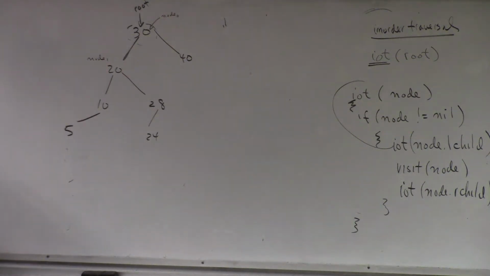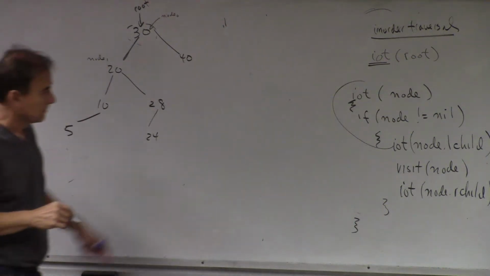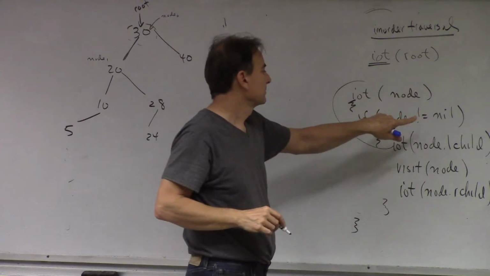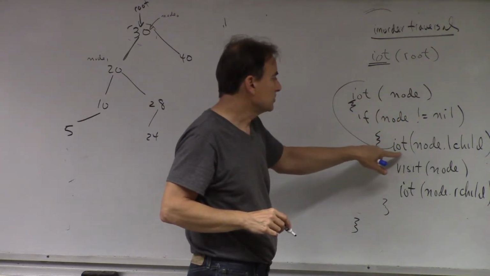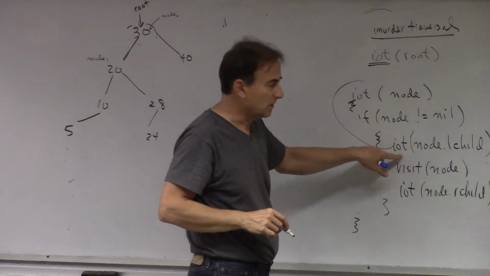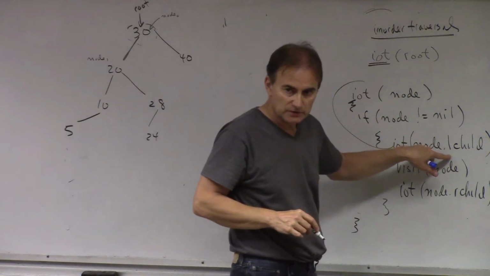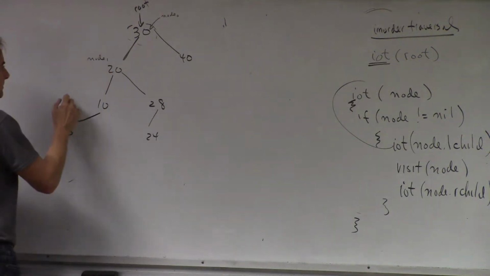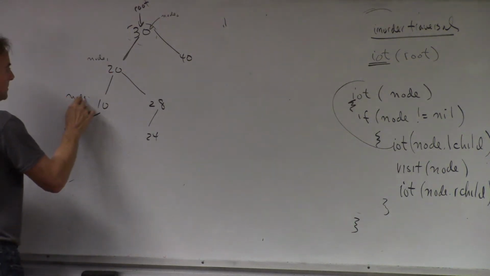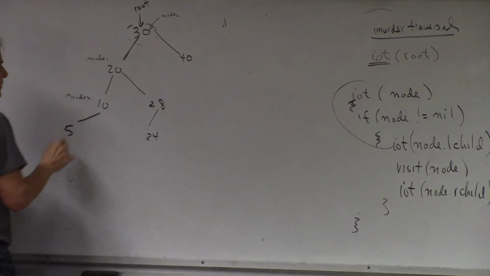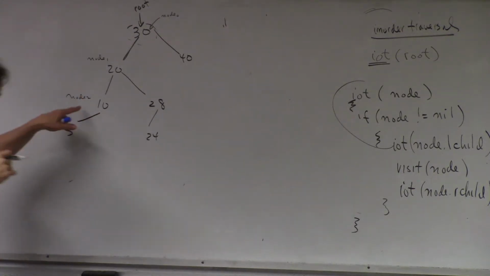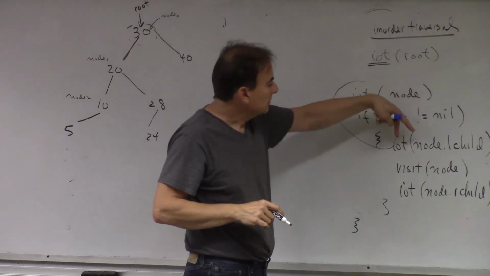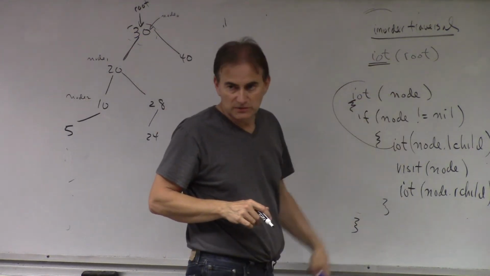This one right here. This node comes in, it's not nil, it's a 20. So therefore we go in order traversal, again recursive call, node, left child. We go to level 2, recursion. Sending in the left child of 20, so that becomes node, level 2. The 10 comes in, it's not nil, therefore we go node, left child.